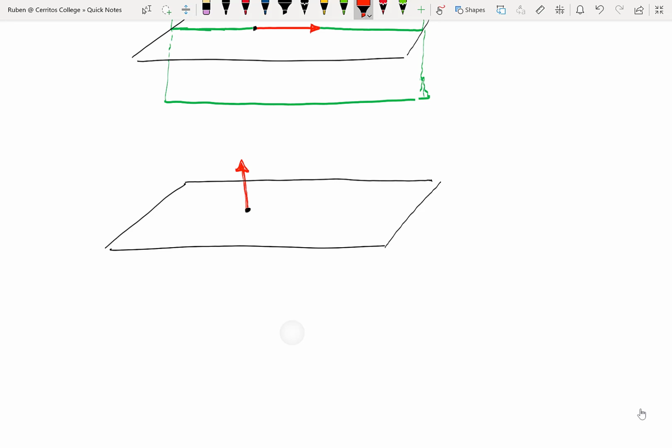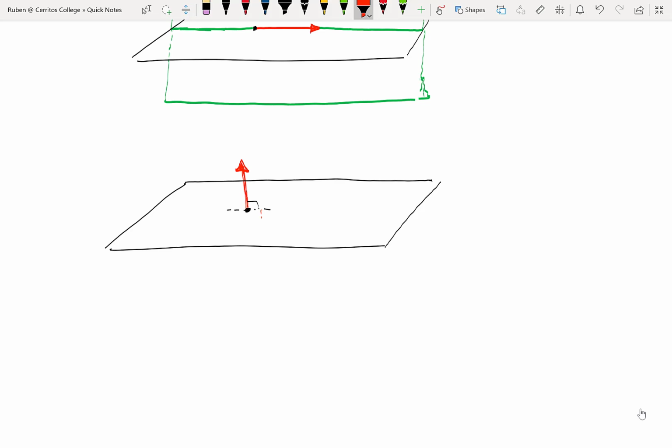Yes, of course. This vector is perpendicular to the plane. So if you tilt the plane in any other direction, you're going to change the direction of the normal to the plane. You might think there's also another normal direction downward. That's okay.